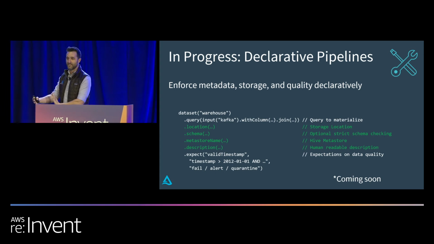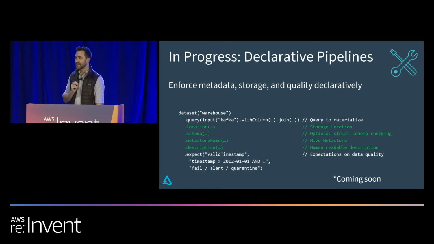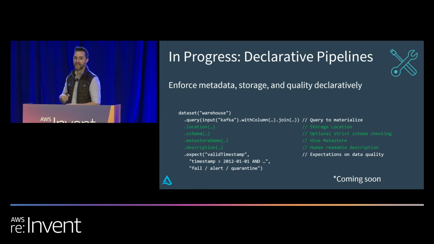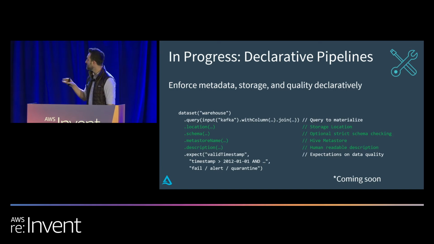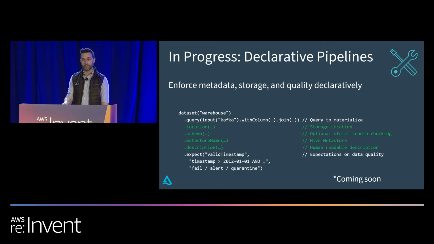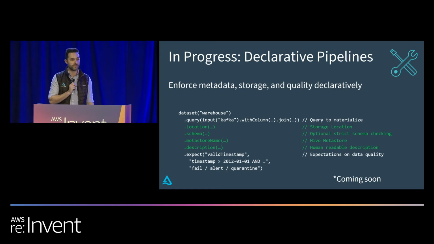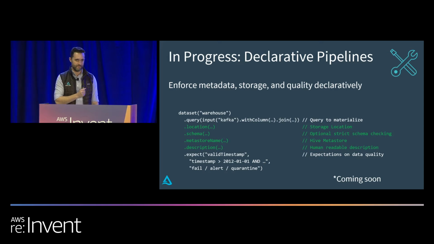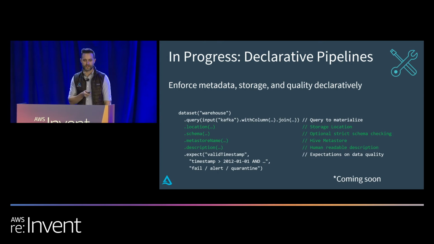However, if you are at your gold tables and you want a little bit more quality enforcement, you can also do the standard DML thing where you need to call alter table add column if you want to modify the table. And we support both of those. And then finally, you can register Delta tables in the Hive Metastore, so they're discoverable by other people in your organization. And you can give them human-readable descriptions, so people can understand what is this data, who owns it, where did it come from. And so it really helps with data discovery.